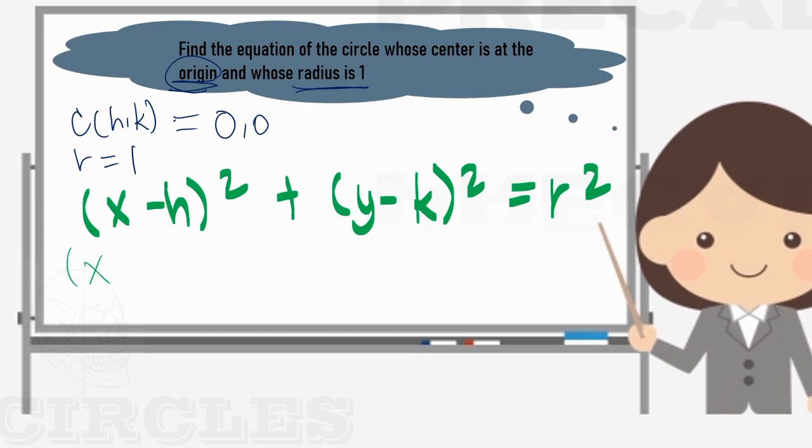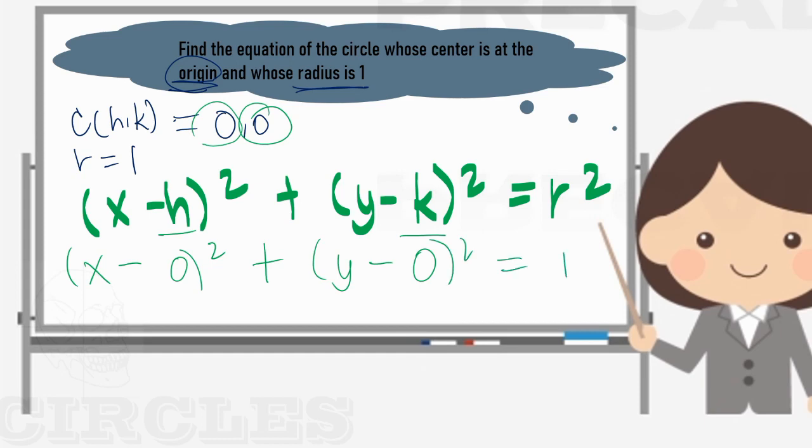So, x minus h is 0, squared plus y minus k is also 0, squared is equal to 1 squared. So, the final or standard equation will be x squared plus y squared is equal to 1.